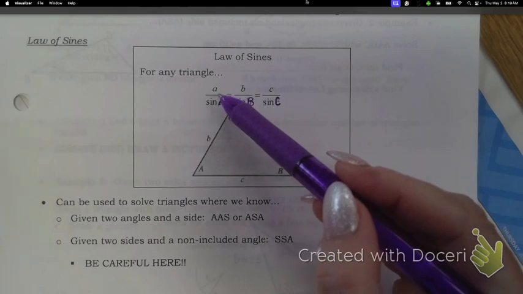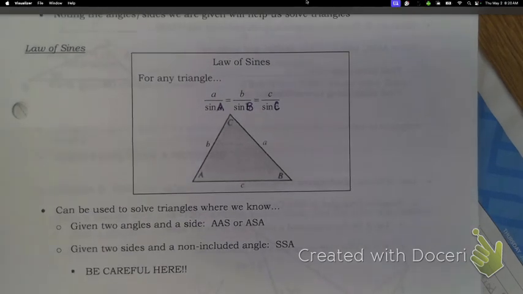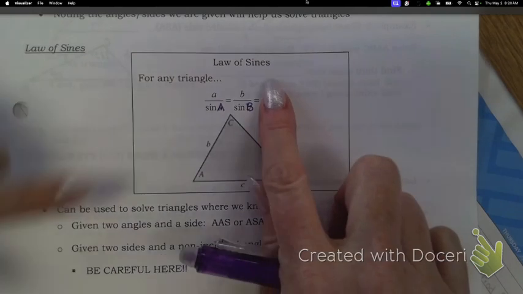We need at least 2 angles and a side or 2 sides and an angle.